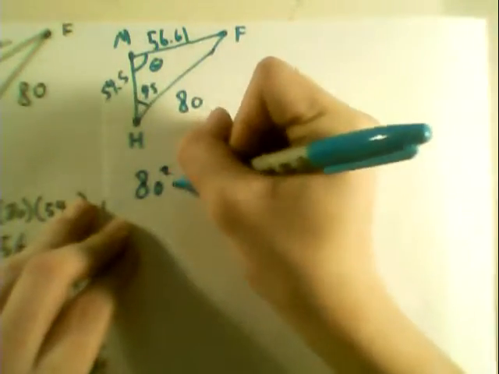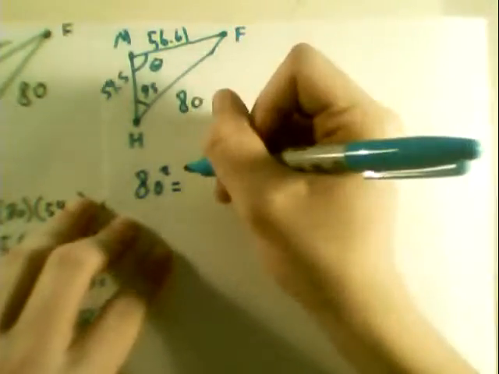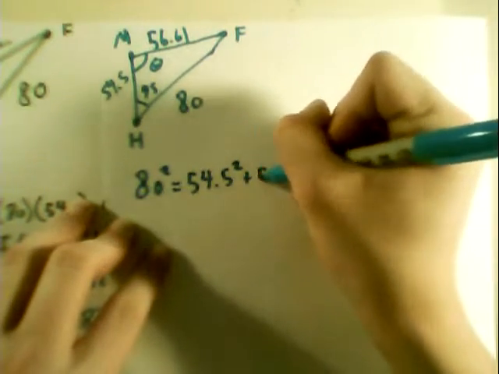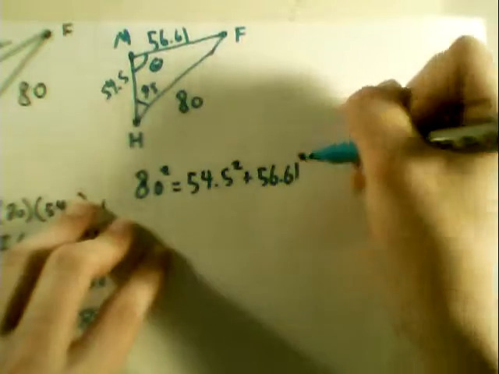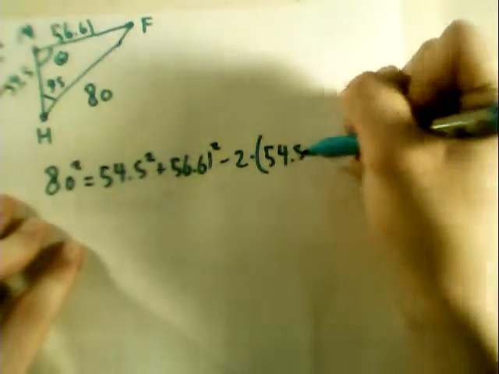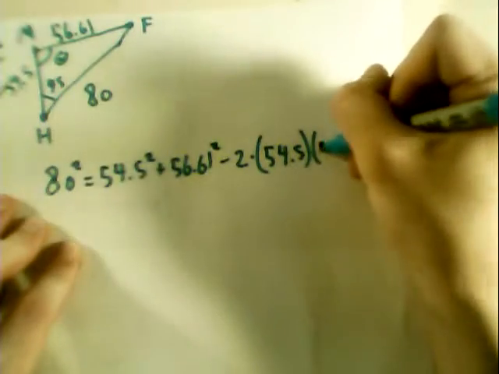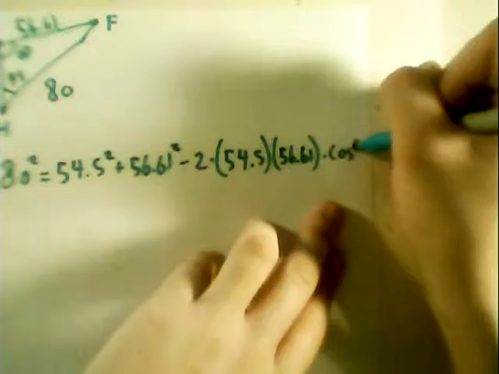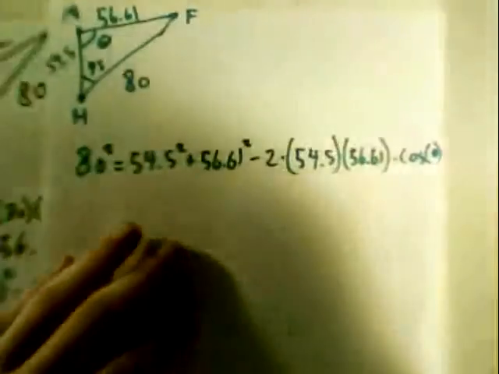So 80 squared equals 54.5 squared plus 56.61 squared minus 2 times 54.5 times 56.61 times cos of theta, which is what we're looking for.